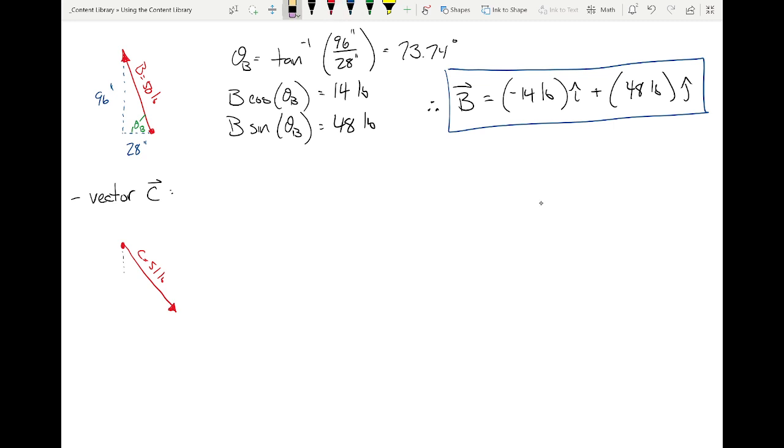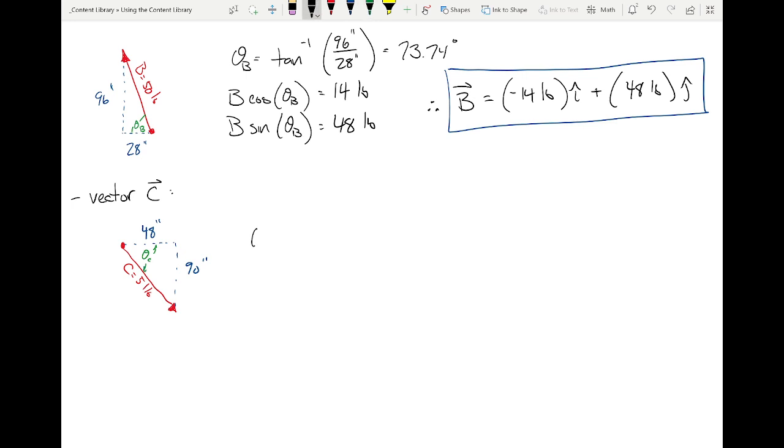Actually, let's draw it like this. And so we've got this triangle here. We know that that's 48 and 90. And so we want to determine theta C.